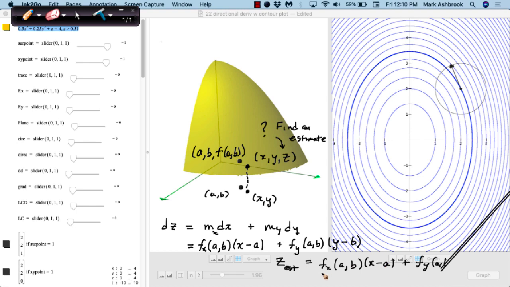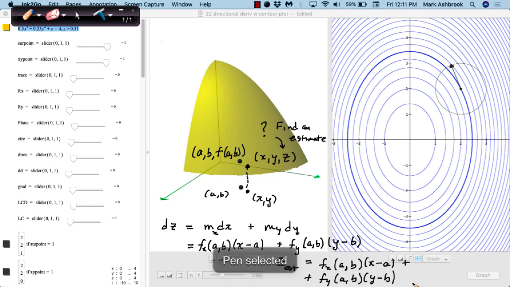It's not happy. All right, so we'll try plus the change in z plus f of (a, b).